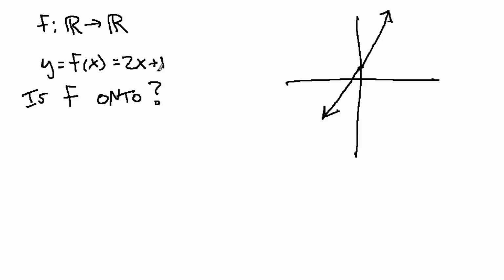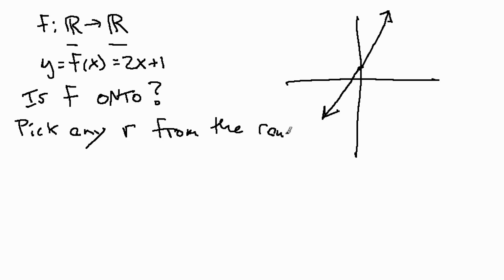Well, how do we show that? Well, remember, this is the domain, this is the range. I say pick any value from the range. So I'm going to call it a lowercase r from the range. If it helps you think about this, say r is equal to 10.